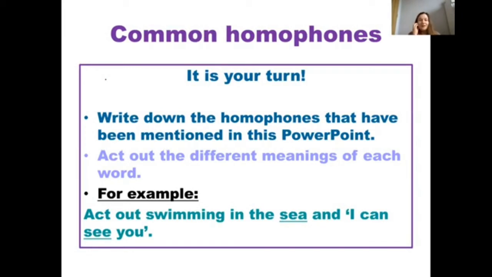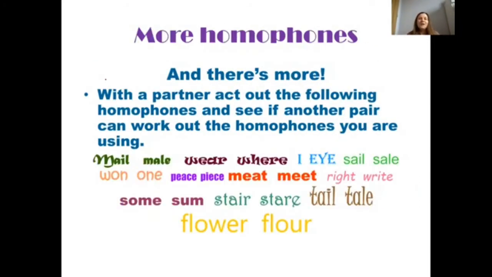So here is an example. You can act out swimming in the sea and I can see you. Okay. Here are some more homophones we discussed last time: I, like my eye, and I. Then wear, when you wear your clothes, and where are you going?